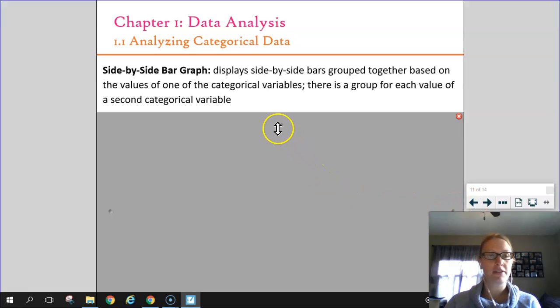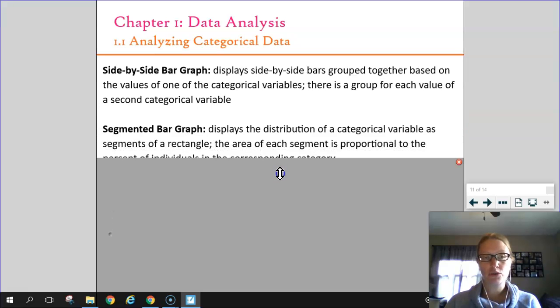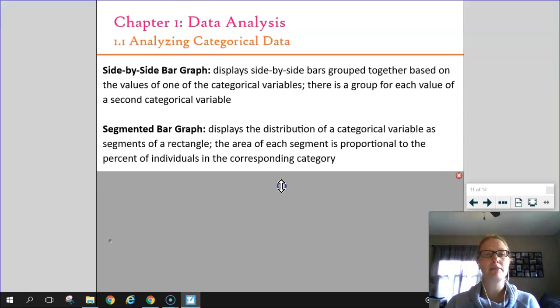Here we're just going to write down their definitions. Another visual display of two categorical variables is a segmented bar graph, where we see the distribution of a categorical variable as segments of a rectangle, and the area of each segment is proportional to the percent of individuals in that category.